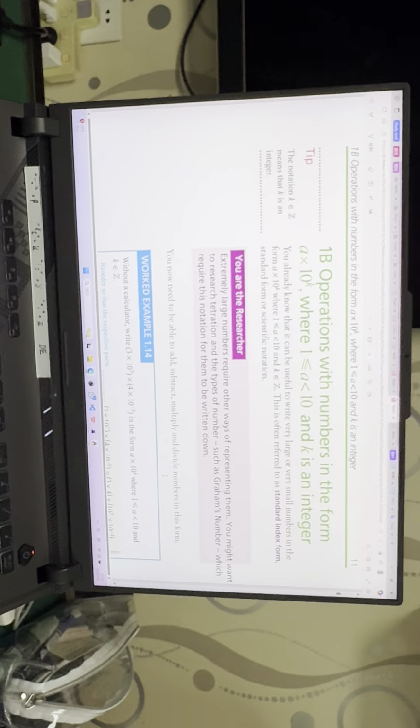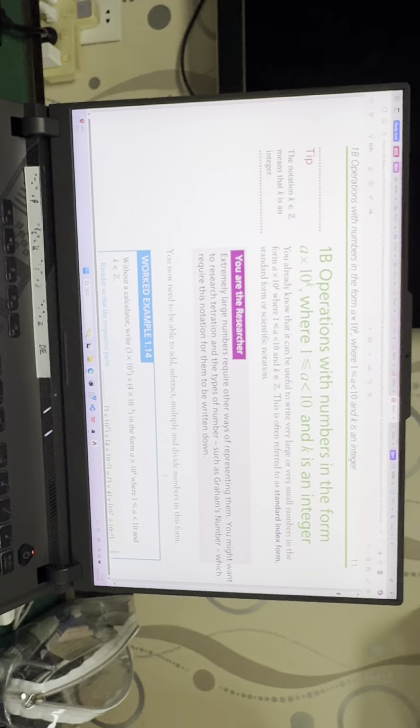And for this topic, operation with numbers in the form a times 10 to the power of k, where a is more or equal 1 and less than 10, and k is an integer. For this knowledge, I remember this course at the beginning of this year when I was in Miss Blue's class.